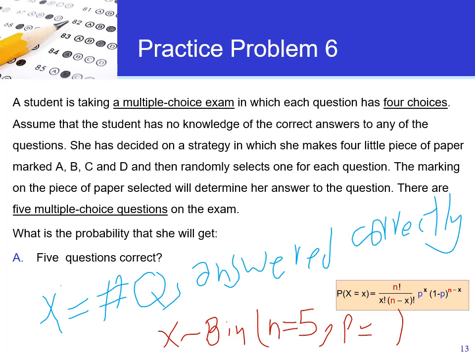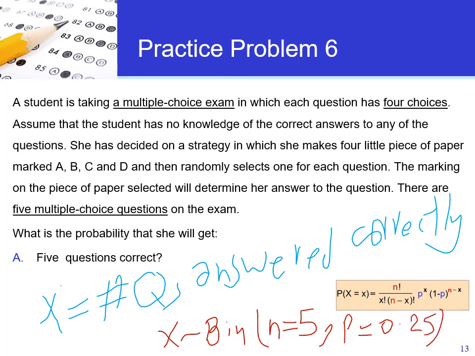That means that she's going to get the choice correct. So it is actually the likelihood of picking any of the 4 choices, A, B, C, D, which we assume is equal. So if she picks randomly any of the choices, the probability that she gets the question correct is 1 out of 4 because only one of the 4 choices is correct. So that's 25%, 1 out of 4, right? So the probability of success here is 25%.